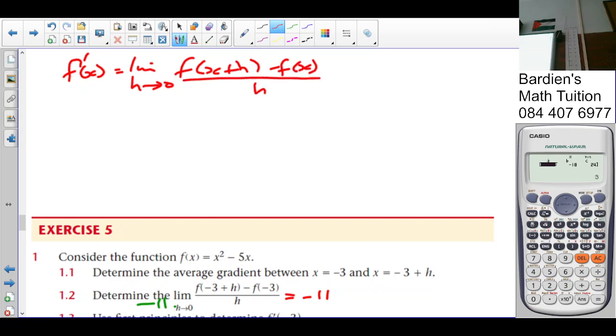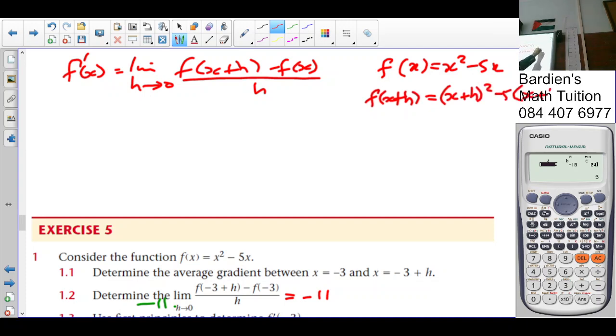That's the formula. So if f of x was equal to x squared minus 5x, then f of x plus h is simply (x plus h) squared minus 5 into (x plus h).